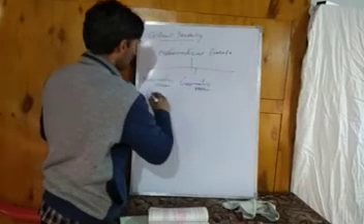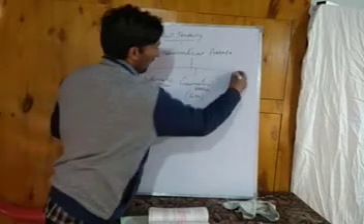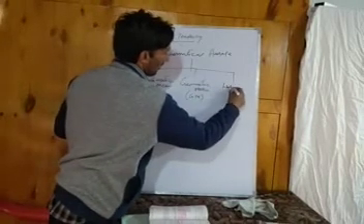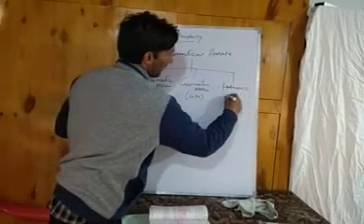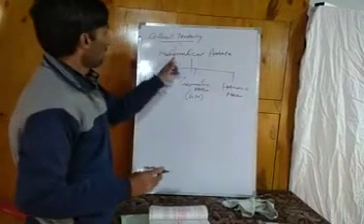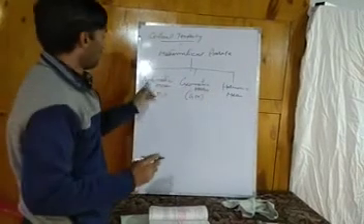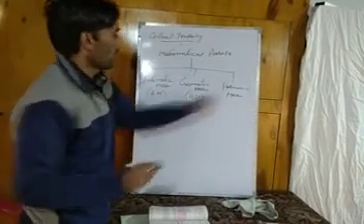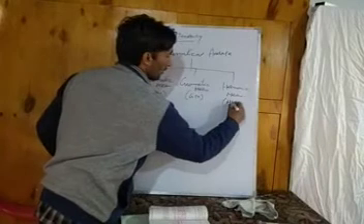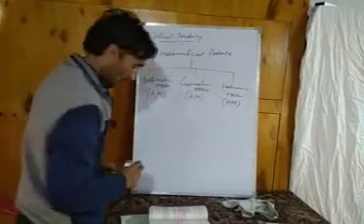This is also called AM, this is GM, and the third is harmonic mean, which we call HM.